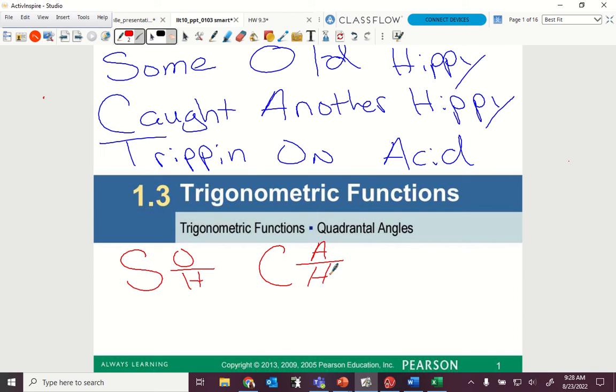So my cosine is adjacent over hypotenuse, right? And my last one is tripping on acid, where my tangent is opposite over adjacent. So I abbreviate it like this, but that's the phrase that goes along with this, so we can remember this every time.